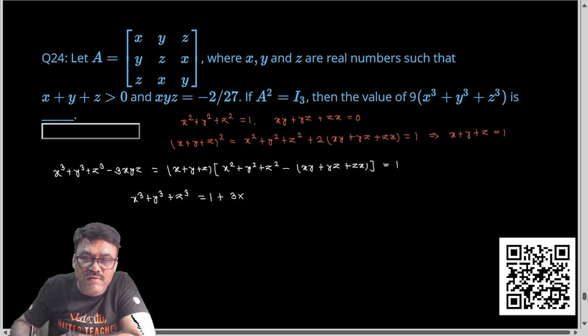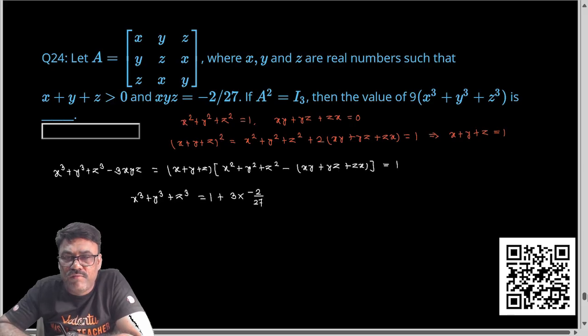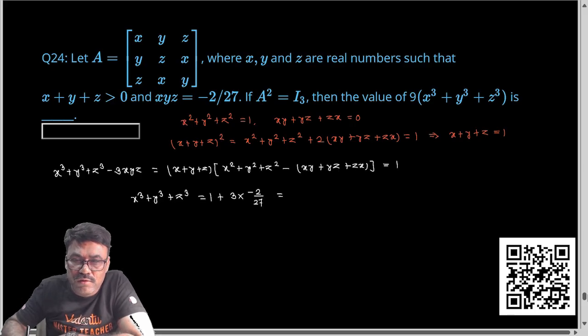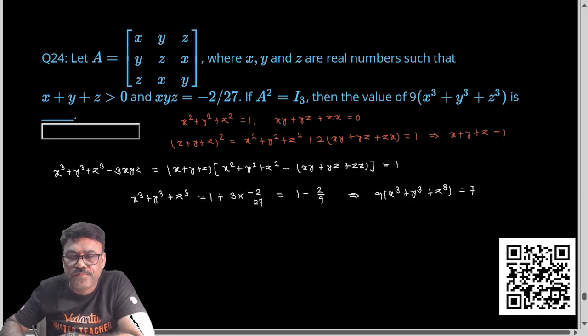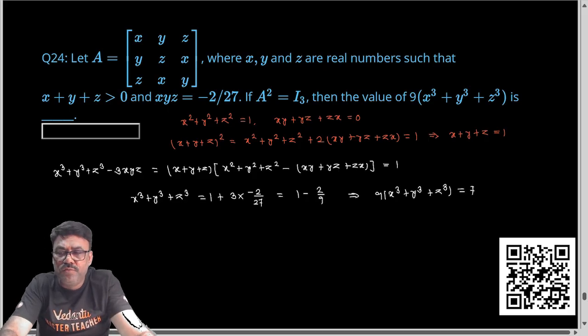And xyz is given as minus 2 by 27, so it is 1 minus 2 by 9. So 9 times x cube plus y cube plus z cube is equal to 7. The correct answer should be 7 here.